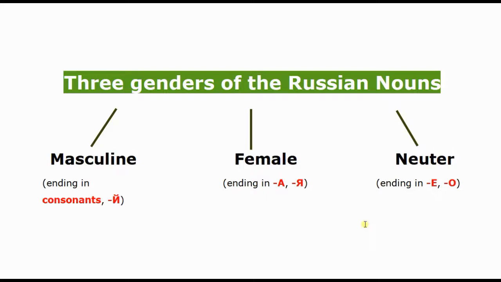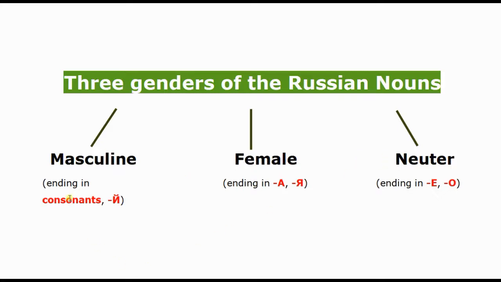So if we have some particular noun ending which corresponds to some specific gender, you have to change the adjective, for example, or the verb that connects to this noun. So we have three genders. We have masculine gender, feminine gender, and neuter gender.